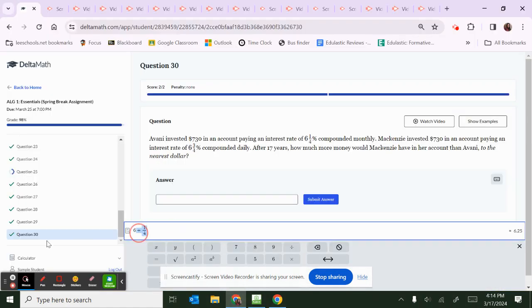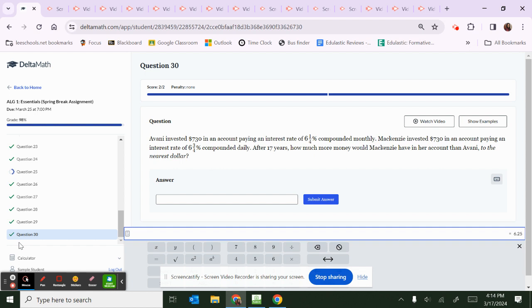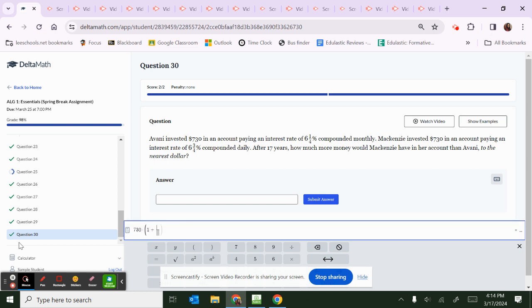All right. So let's put that in my calculator, guys. So I'd have 730 being multiplied by parentheses 1 plus a fraction, which is 0.0625 over 12, to the exponent. Okay, so you click the exponent button, which is parentheses 12 and then another parentheses 17.